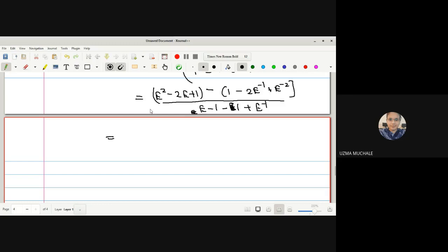Solve with me. Okay. Now this plus 1 minus 1 gets cancelled. E remains, with this e square minus 2e, minus minus becomes plus 2e raised to minus 1 minus e raised to minus 2, divided by e plus e raised to minus 1 minus 2.